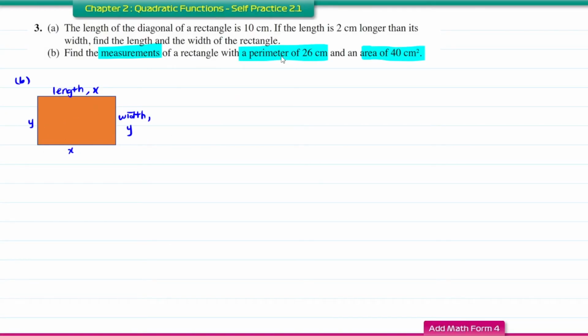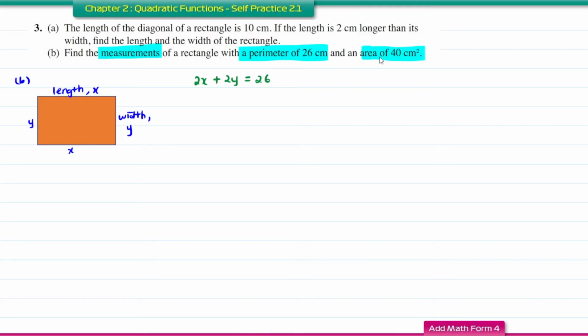So to find the perimeter, we're going to total up all of the sides in the rectangle. So x plus y plus x plus y is equal to 26. Therefore, we will be able to form an equation of 2x plus 2y equal to 26.